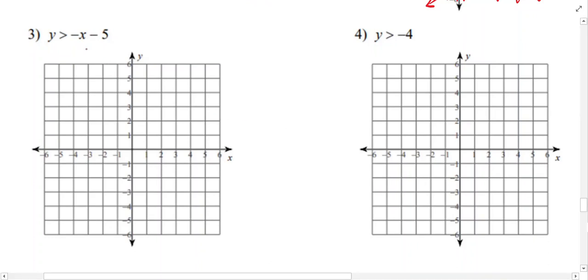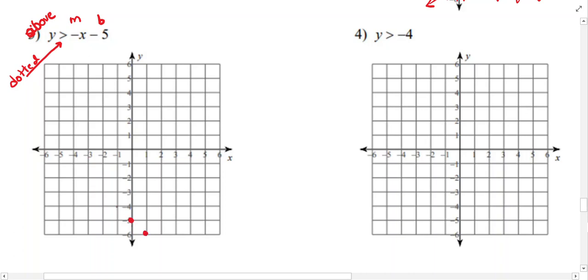All right, by hand, right, so the slope is -1, the y-intercept is -5. It's going to be a dotted line. And it says y greater than, so we're going to be shading above. So -5, boom. The slope is drop 1, run 1.